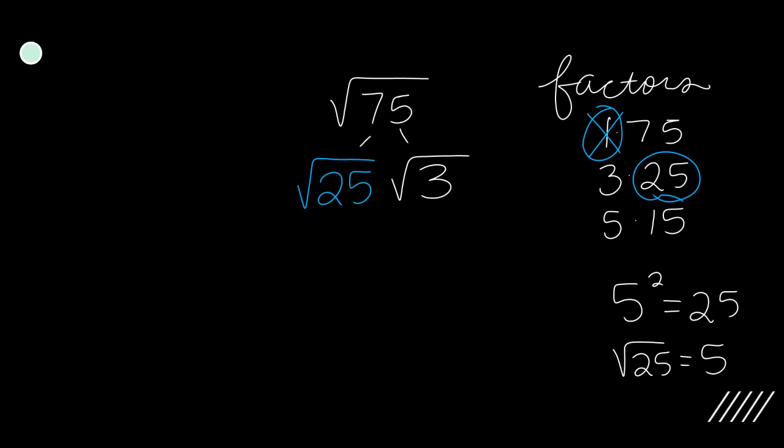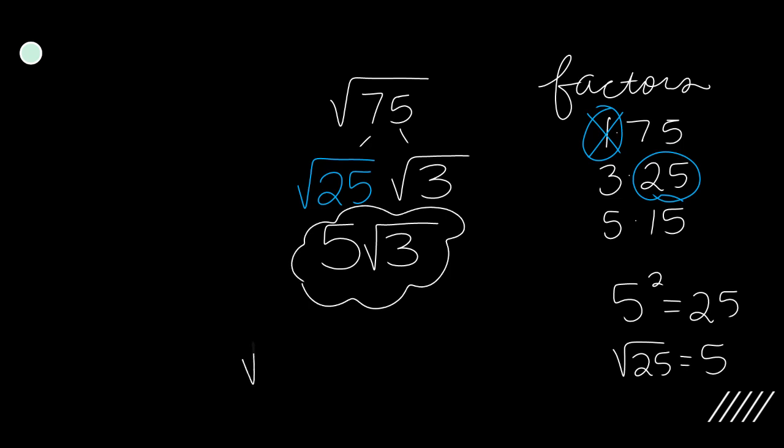So the square root of 25 becomes 5, and then the square root of 3 is not perfect, so we leave it underneath the radical. And so this tells me that the square root of 75 is equal to 5 square root of 3. That would be the simplified version of the answer.